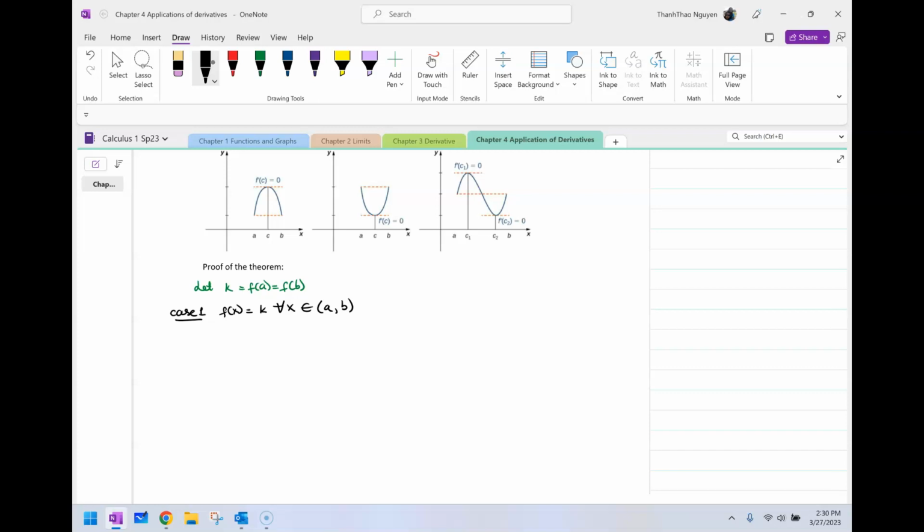So if f(x) equals k for all x in the interval, then f prime of x is equal to 0 for all x in the interval (a,b). Here you can see there is more than one c value that will make f prime of c equal to 0. Okay?